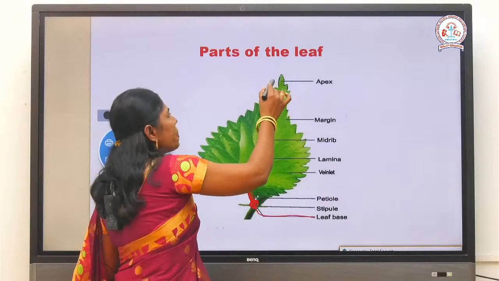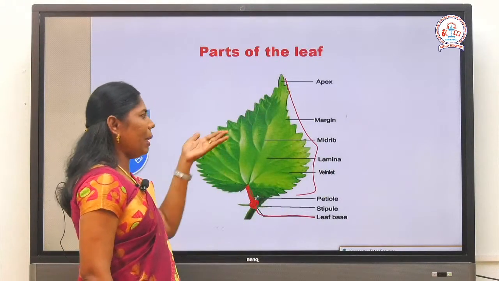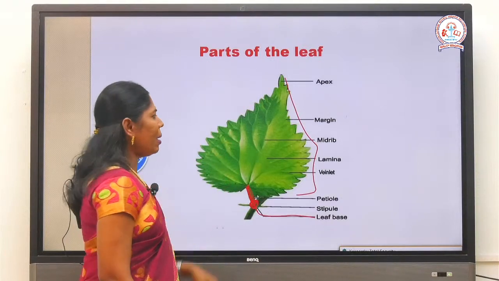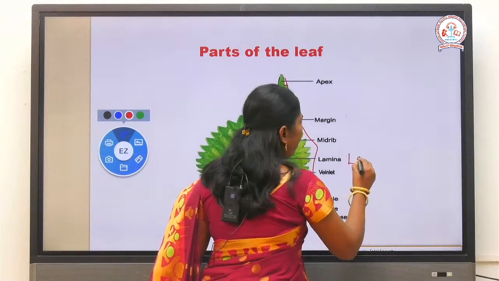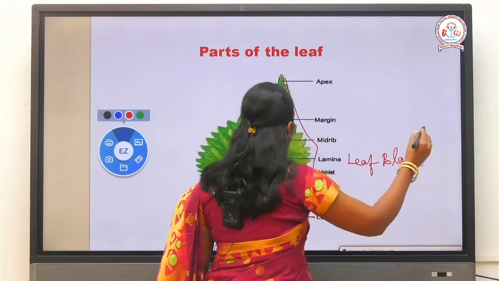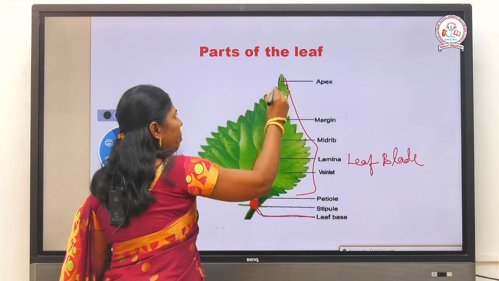Next is the spread, the thin and flattened area. The thin, green, flattened structure is considered the lamina, otherwise called the leaf blade. In the lamina we can see the prominent midrib.